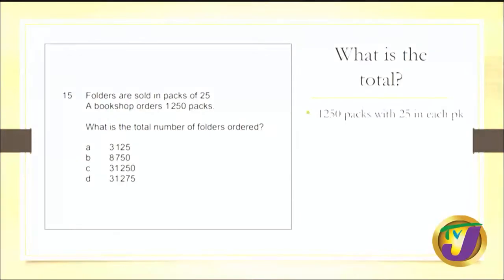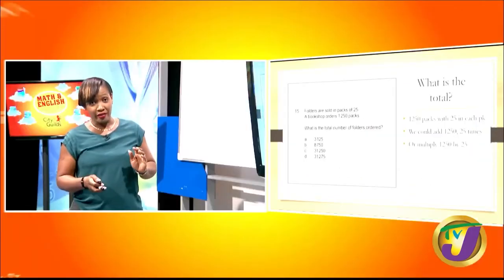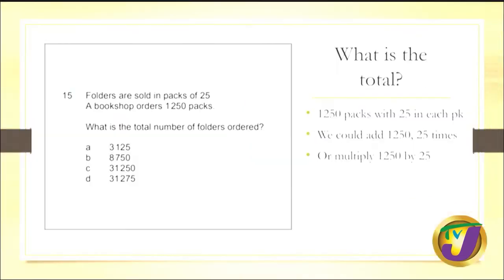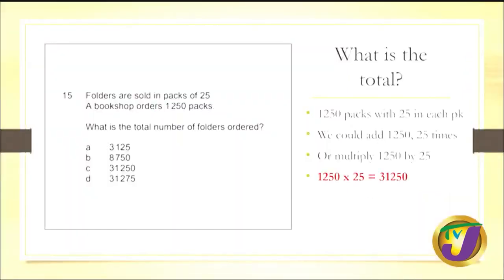We have 1,250 packs, and each pack has 25. Therefore, we could add 1,250 twenty-five times, which is a lot of work, or we could add 25 1,250 times. That's even worse. But a shorter way to get to our answer is to multiply 1,250 by 25, giving us a total of 31,250.